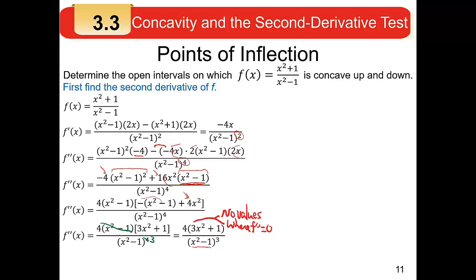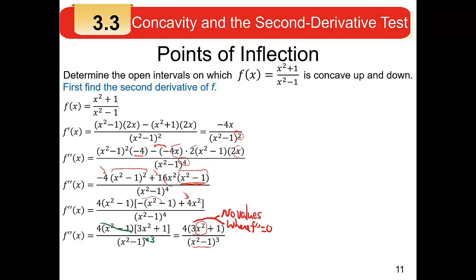But I also noticed that this is similar to something we did a little bit ago. Except it's in the numerator this time, there's no way to make x squared multiplied by 3 with 1 added to it ever equal to 0. Because when you square a number, it's never going to be negative. The least it could be is 0.